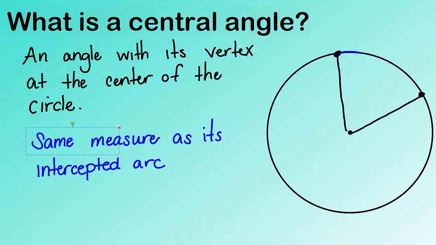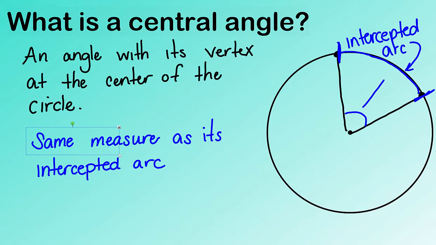This right here would be the intercepted arc. And I like to think of that as an intersection. So it's intersected right here. So this central angle has the same measure as that arc.